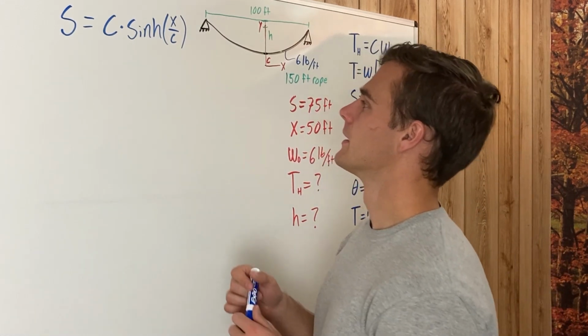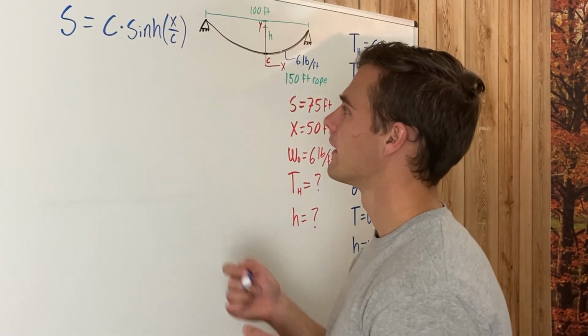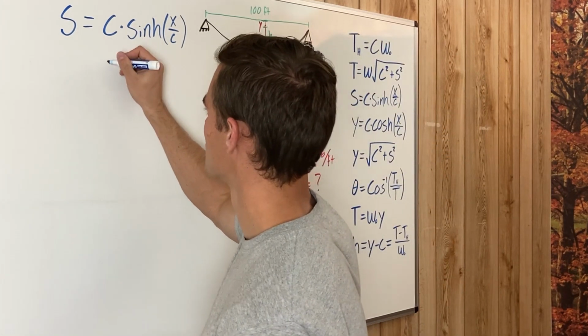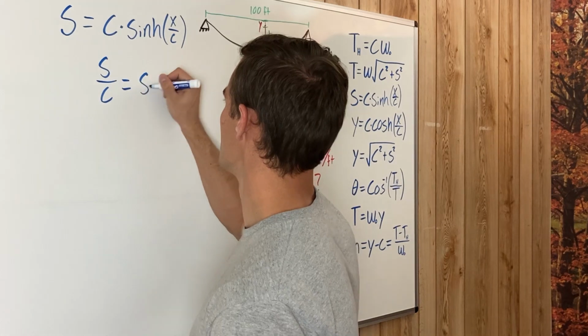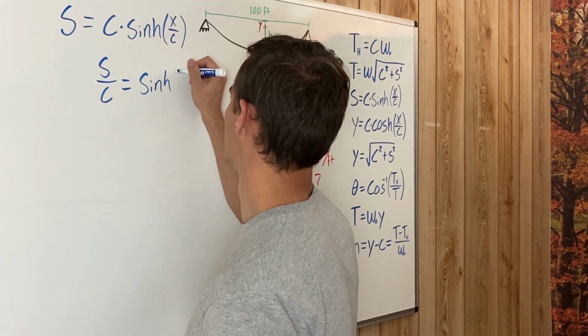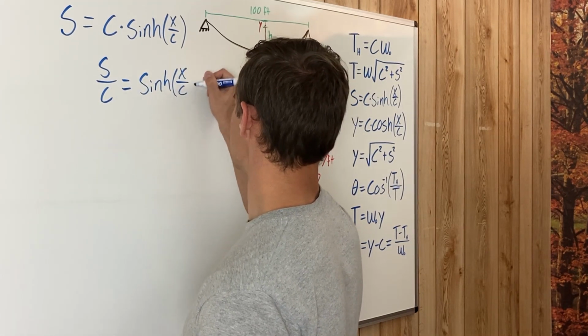If you divide by C on both sides, you have S divided by C equals the hyperbolic sine of X divided by C.